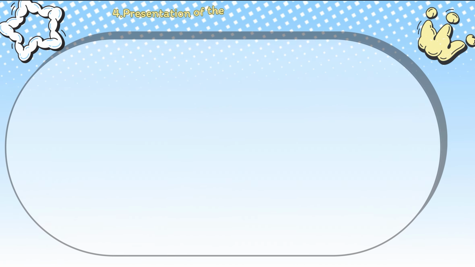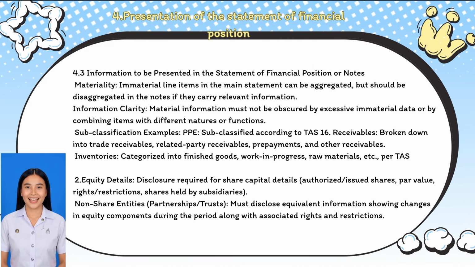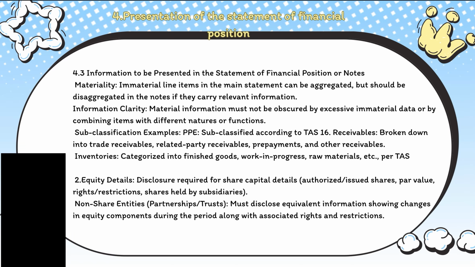Next is the statement of profit or loss and other comprehensive income, OCI, which measures financial performance. Presentation option: a company can present this as a single unified statement or as 2 separate statements. Key components: it breaks down profit or loss, total OCI, and total comprehensive income, which is simply profit or loss plus OCI.